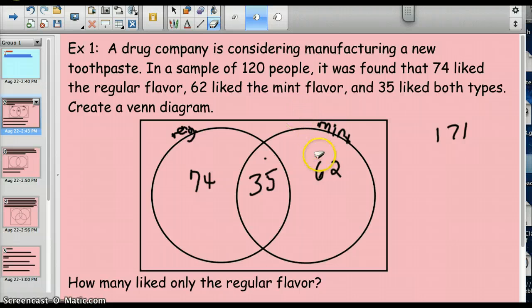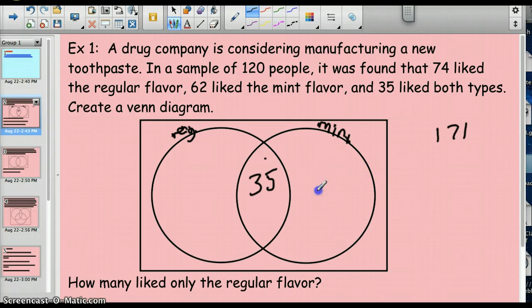So clearly something went wrong in this case. What went wrong? Well, it went wrong when we were in the mint and the regular categories, because you see a total of 74 people like the regular flavor and a total of 62 people like the mint flavor. What does this specifically mean? This means that over here, these two, the middle as well as the right one, the whole area of the mint, is going to be a total of 62.